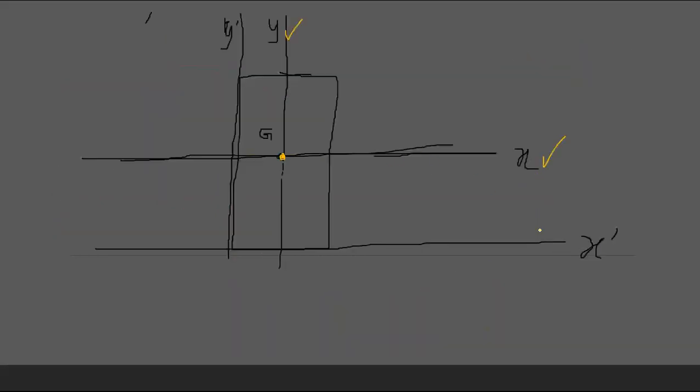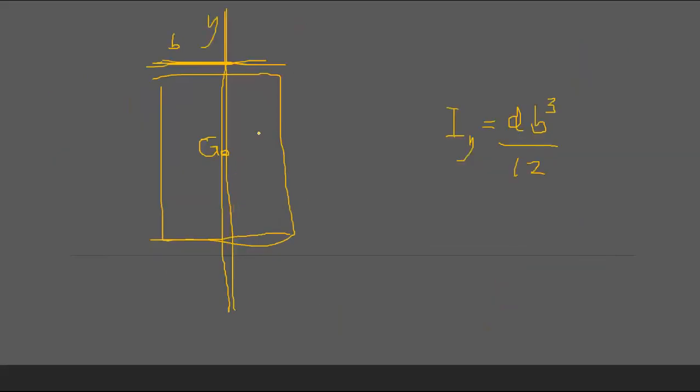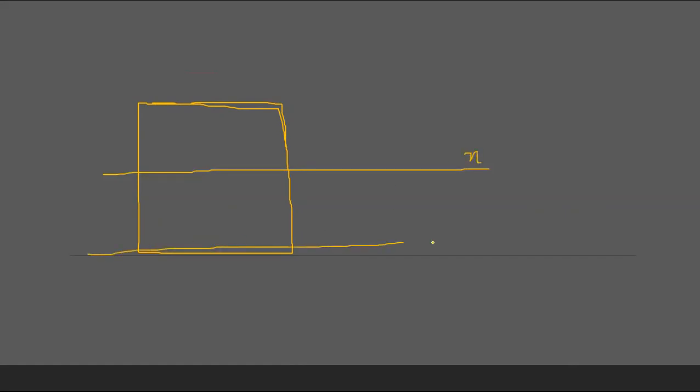So what happens if I need to find this x dash? It's simple. Let's say this is the x-axis where you need the I. So we know if this is going through the centroid, let's say this is G, Ix can be written, let's say this is d and this is b.